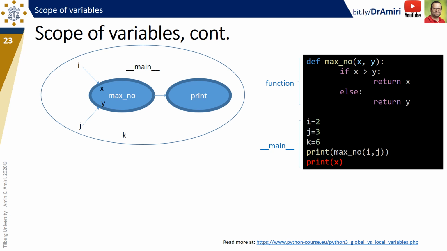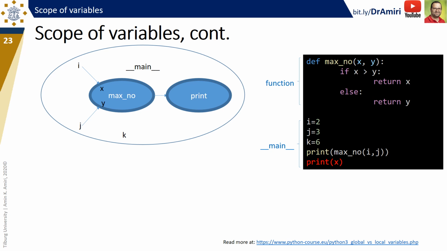Let me explain the scope again using the maxNO program that returns the greatest number. You can see here that the code on the right is mapped to a visual representation where we have max number. The function gets i and j as arguments.